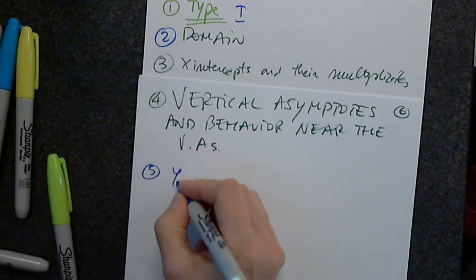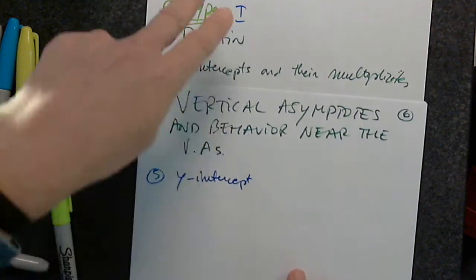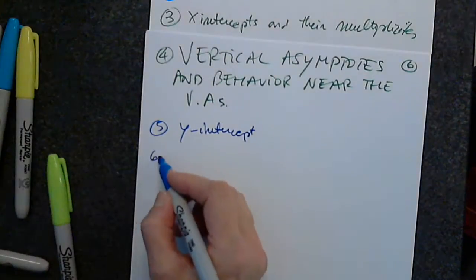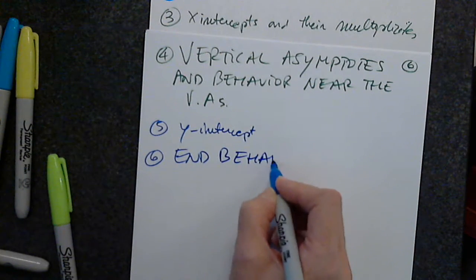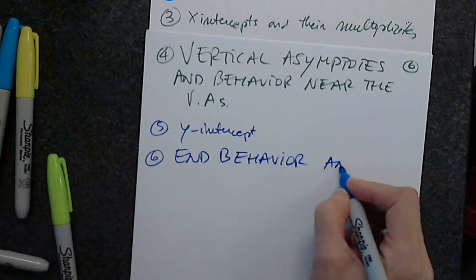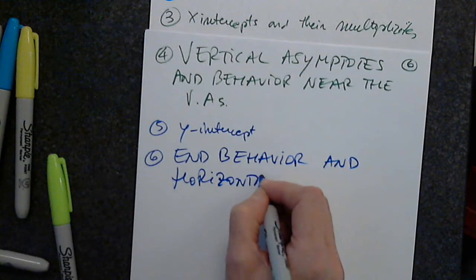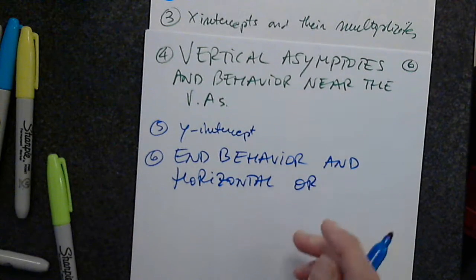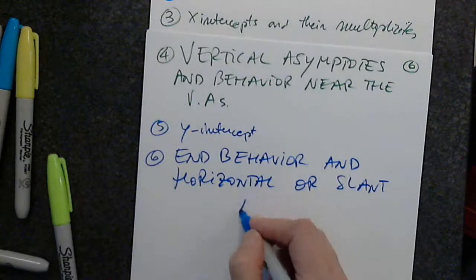Number 5, y-intercept. Number 6, and behavior, horizontal or slant asymptote.